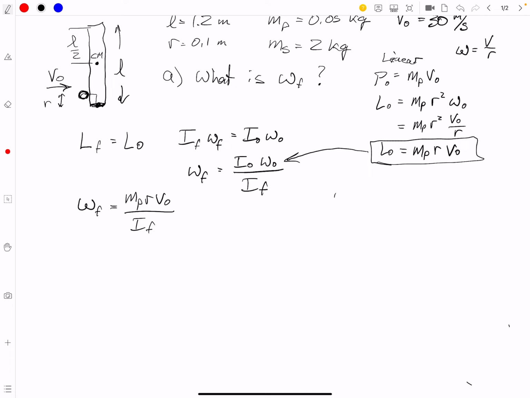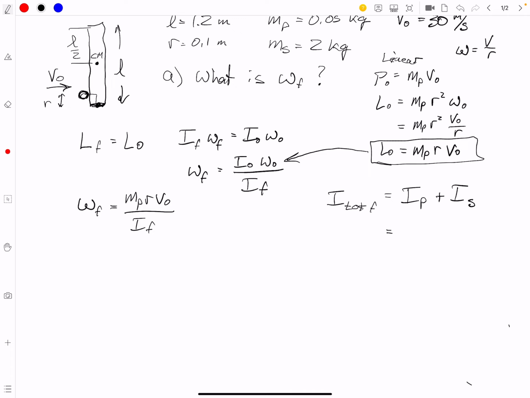The moments of inertia add up just like masses add up. So our I total in the end is going to be the moment of inertia for the puck plus the moment of inertia for the stick.